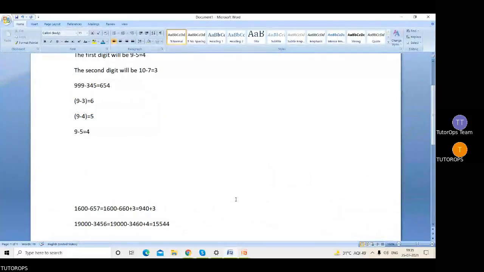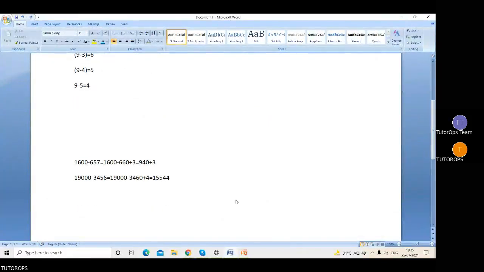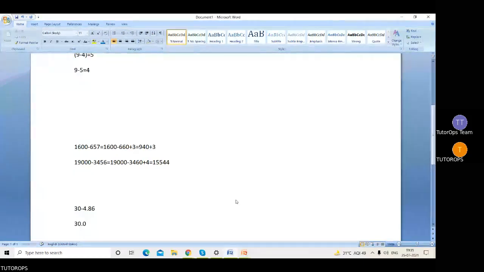We have 30 rupees and we need to pay 4.86. To use the all from 9 method, we need to write 30 as 30.00. After the decimal we can put 0. So 30.00 is 30, nothing else, and 4.86.